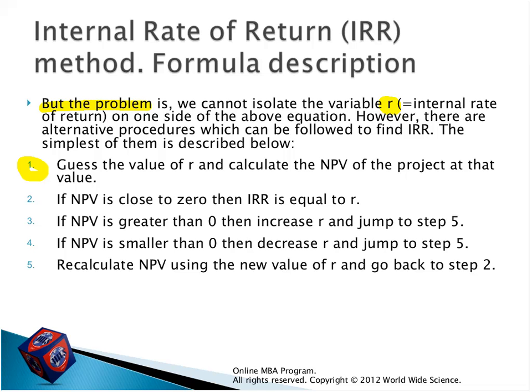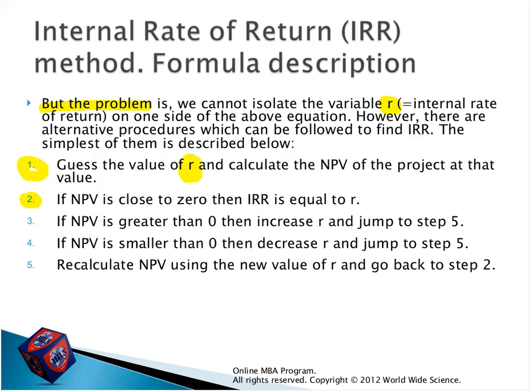Just make an assumption of the internal rate, like 10%, 15%, or maybe 20%. The second step: if NPV is close to zero, then IRR is found, right?